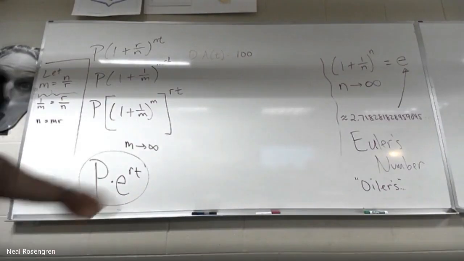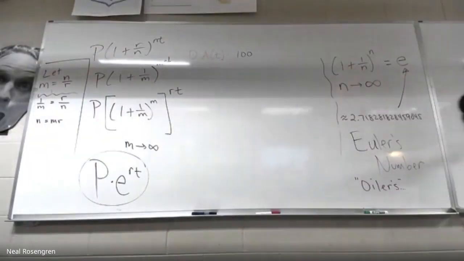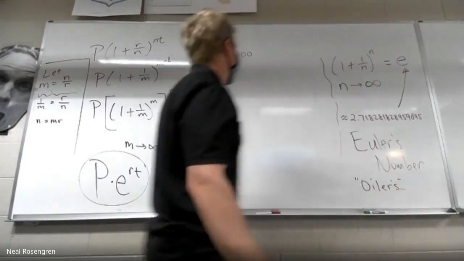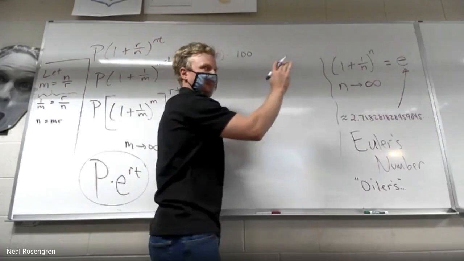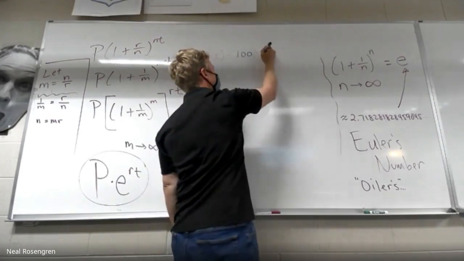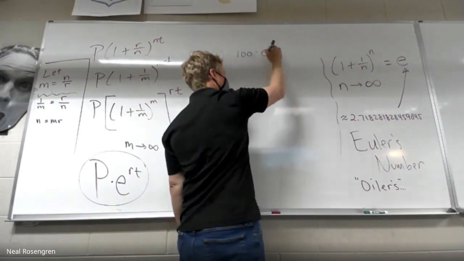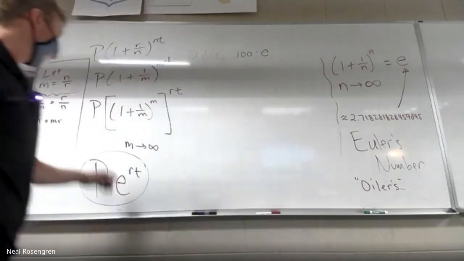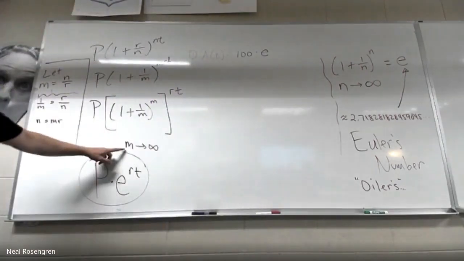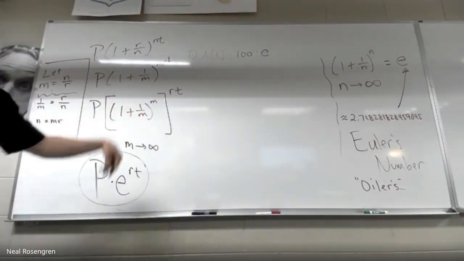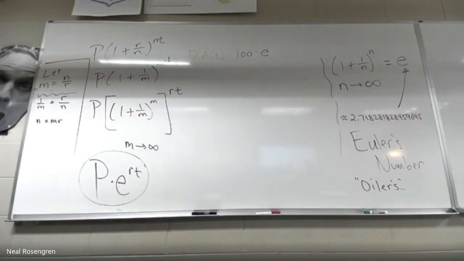Now, with regular compound interest, we needed parentheses, 1 plus r over n. This we don't. The next thing, times, if it helps you remember, E, the number E, 1 plus 1 over n to the n as n goes to infinity. Crazy.